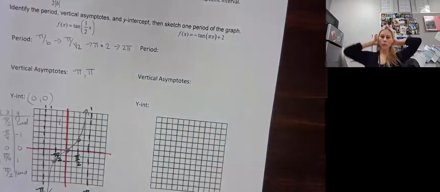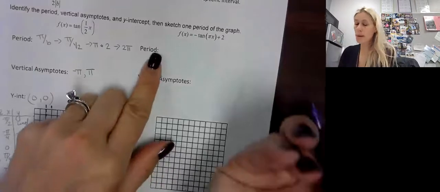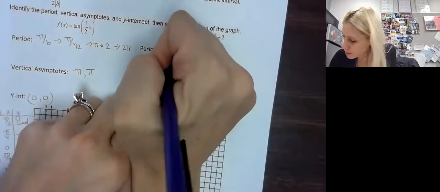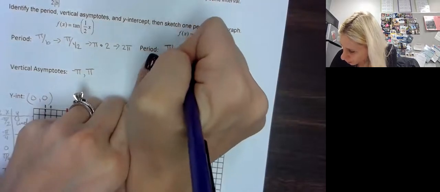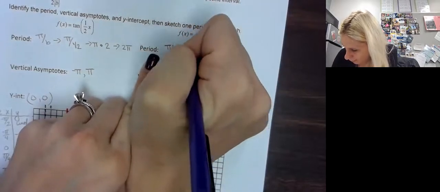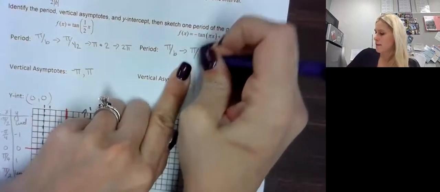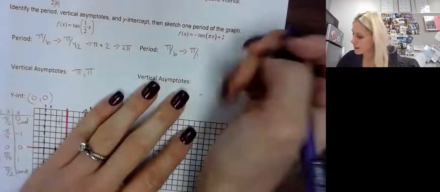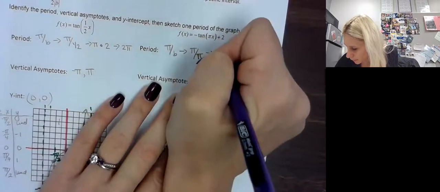All right, one more, and then I'll have you guys practice on your own. Let's do the period. Remember, this is tangent, so it's going to be pi over b, which in this case is pi over pi. I said b again. And of course, anything over itself is the value of 1.